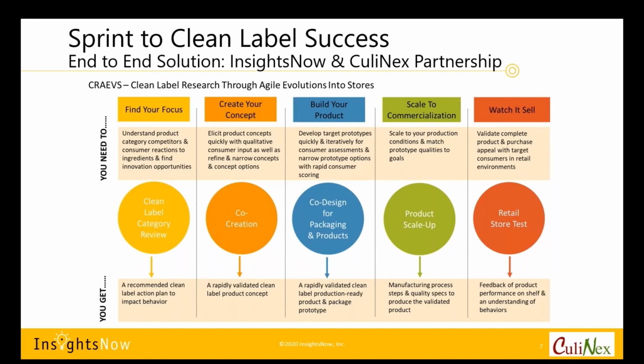And just as a quick overview, in phase 1, we're finding our focus, and this is really gaining those category insights we described a little bit earlier about drivers and motivations and opportunities in a particular category. And remember, or be aware that this is specific to a particular category. Every category is going to have different dynamics. Creating the concept is the second phase.